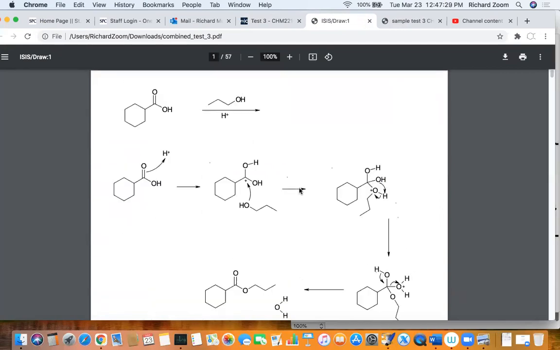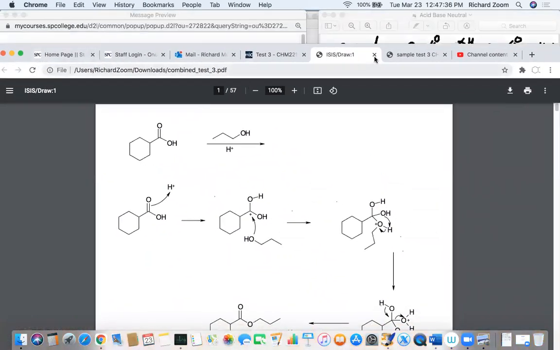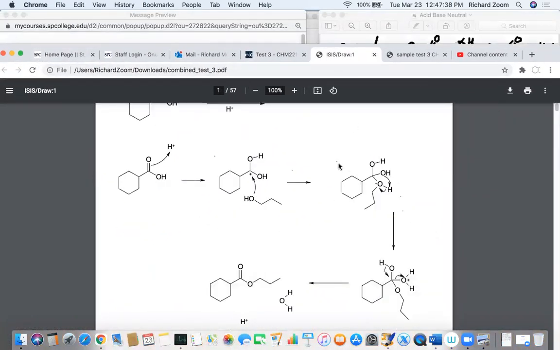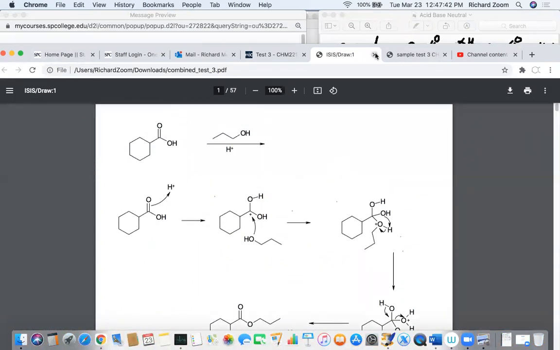There's one per page up to 57. So just look at these and figure out which one you have, and then look at your mechanisms and use them as a guide to see if you're doing the problems correctly.